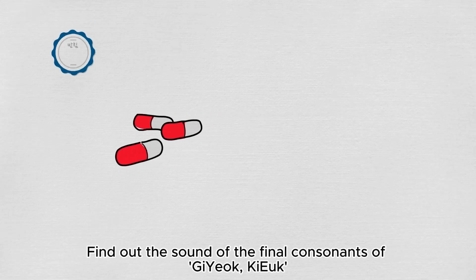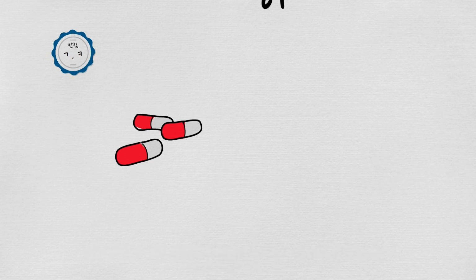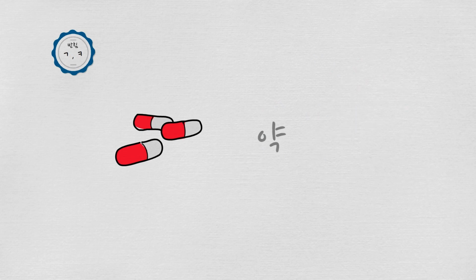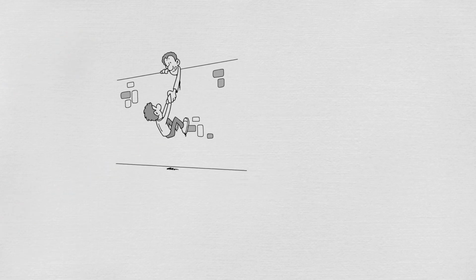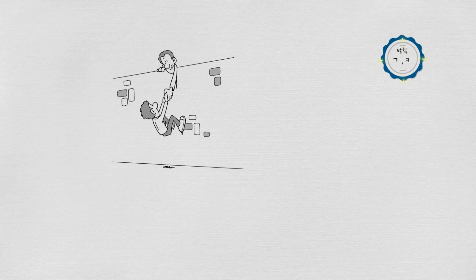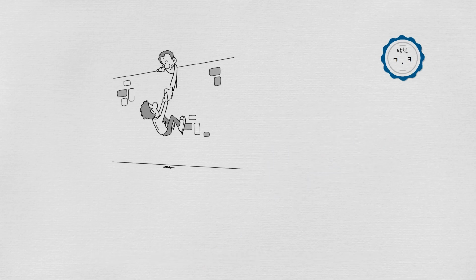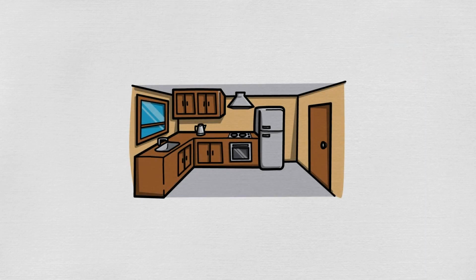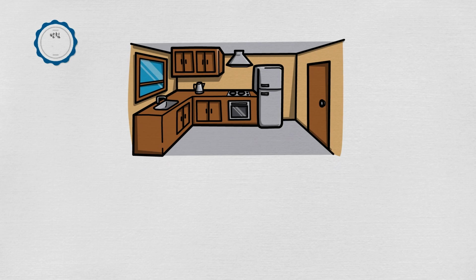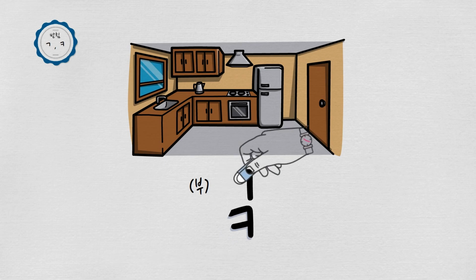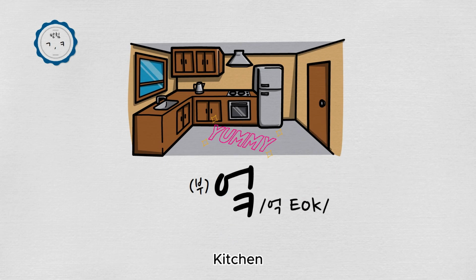Find out the sound of the final consonants of 기역 and 키읔. 야 plus a final consonant 기역 makes 약, medicine. 약. 벼 plus a final consonant 기역 makes 벽, wall. 벽. 부어 plus a final consonant 키읔 makes 부엌, kitchen.